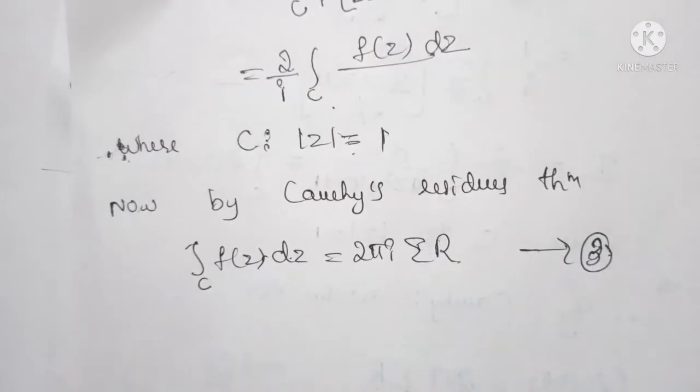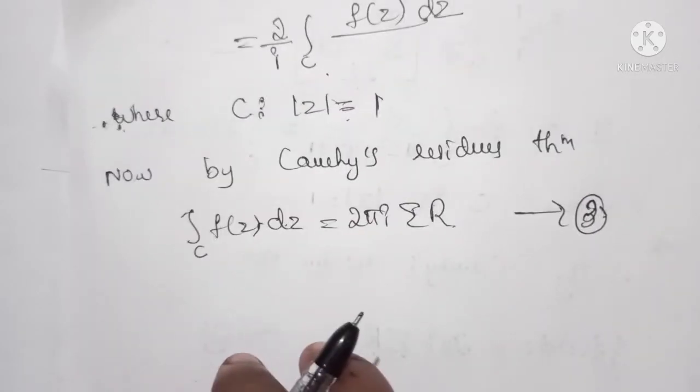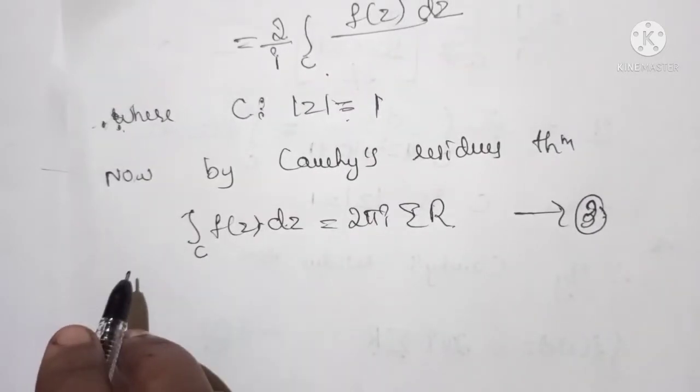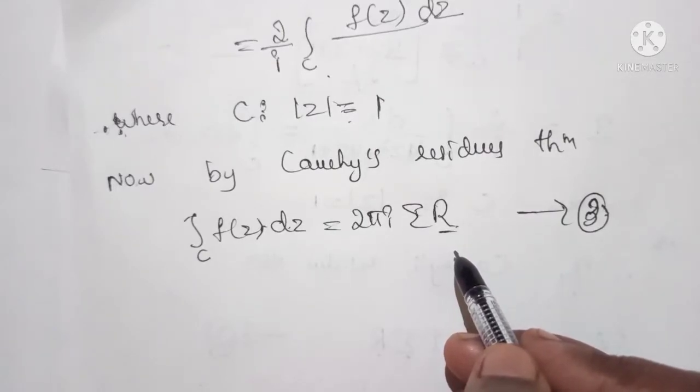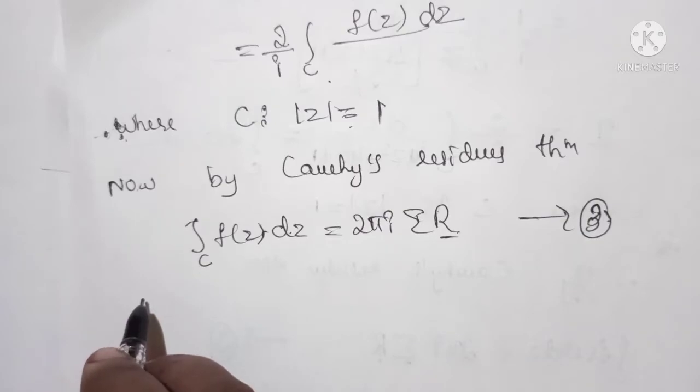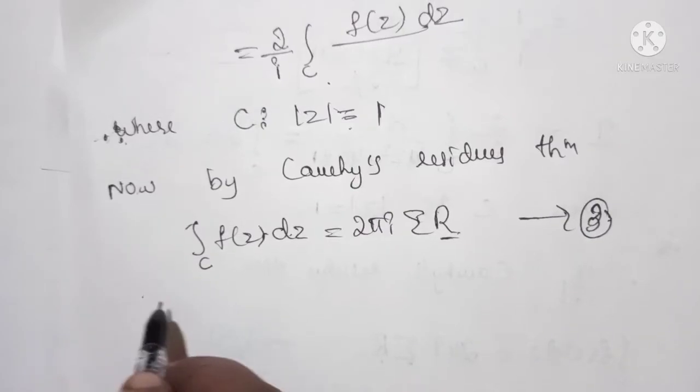Now we find the residues. Here we find residues for those poles which lie inside C. First we consider the poles.